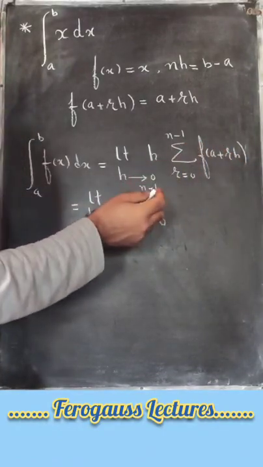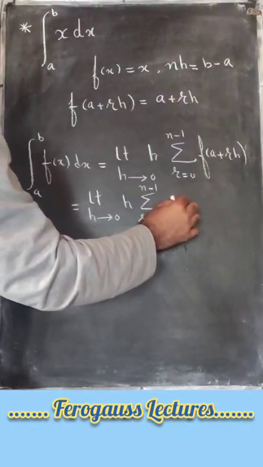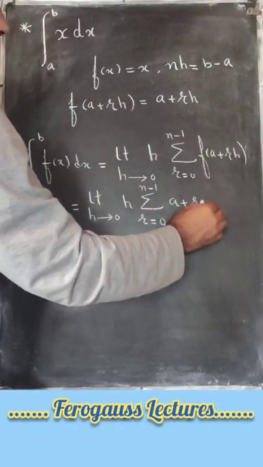Instead of f of a plus rh, we have a plus rh.